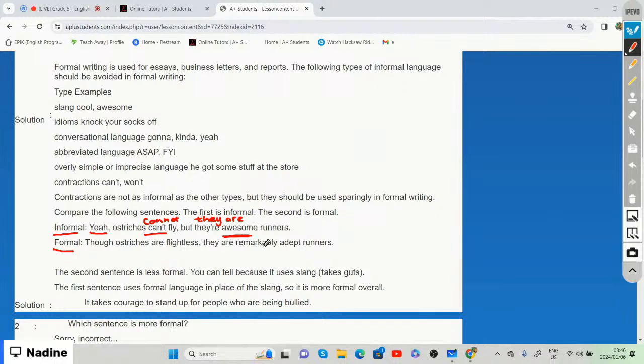And when you need to write an informal letter, then you may use all these informal genres and slang and conversational languages that you want to use. But you need to avoid using all of these words as mentioned when writing anything formally, like an essay, a business letter, or a report.